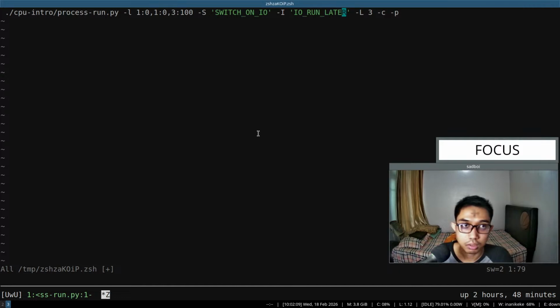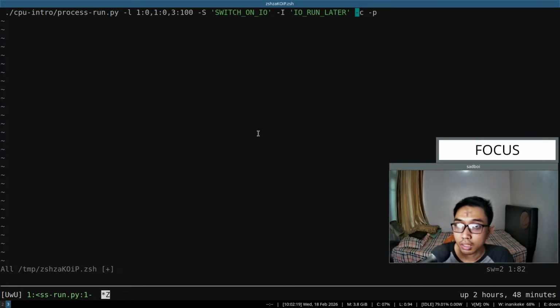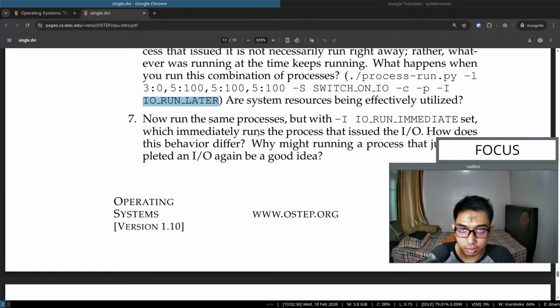Okay, we are still using 5, the default I/O length, right? And then this one is 3. Okay. This is 5. Okay.